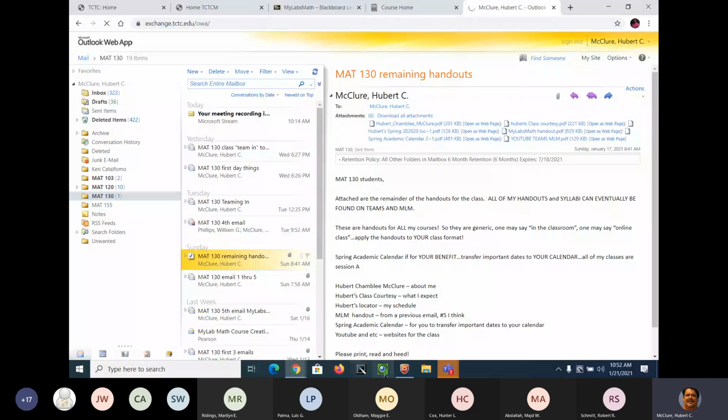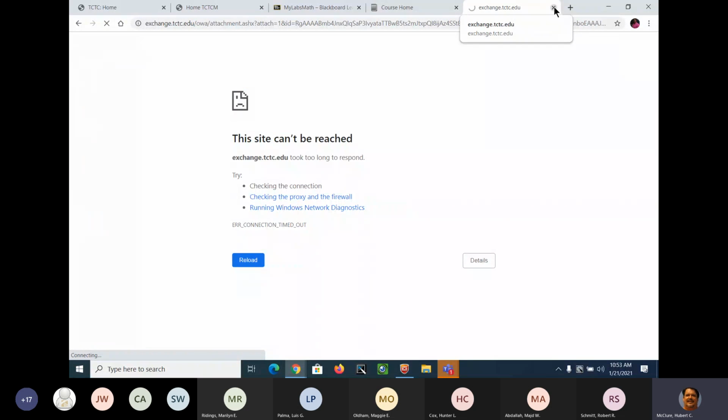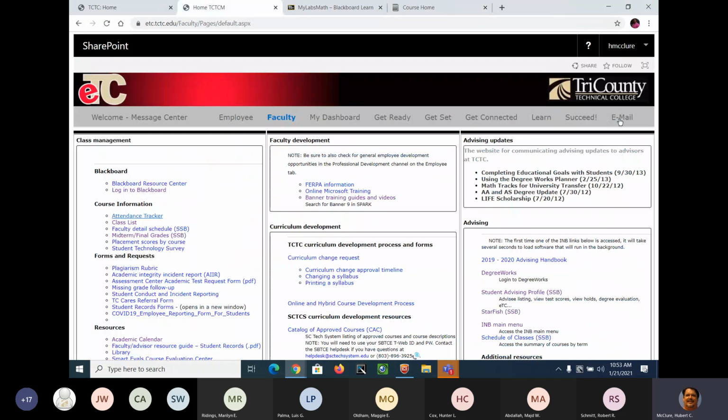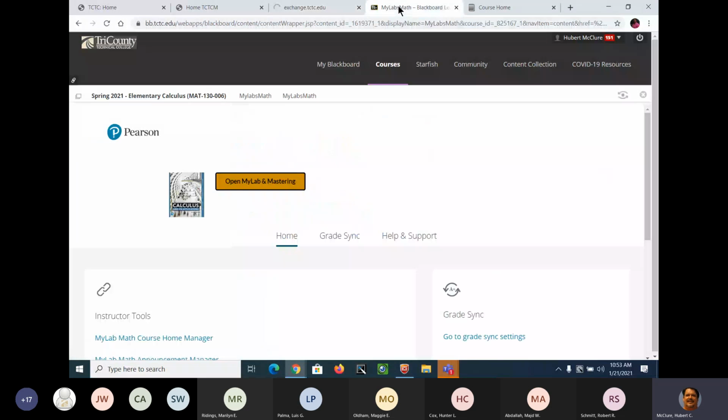Okay, well, it's not coming up, and I don't know why. Now the site can't. That's interesting. I'm getting errors on the email. So I better go ahead and get the roll before this computer blows up.